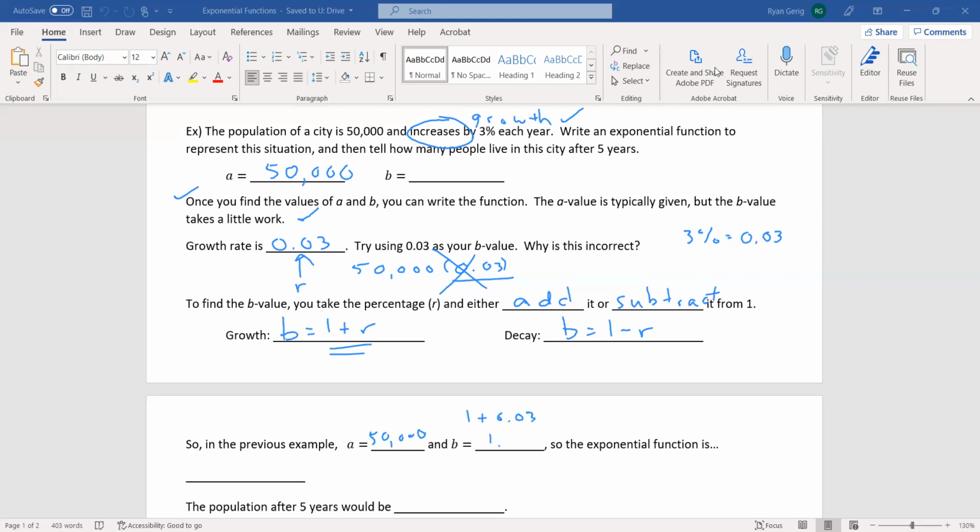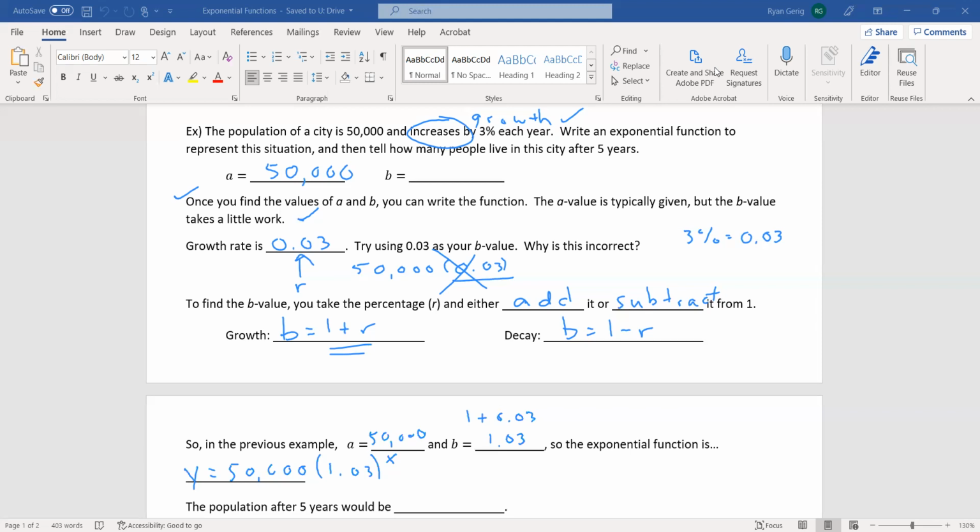So that's going to be 1.03. With those two things, I now have enough to write the function. So it's y equals 50,000 times 1.03 to the x exponent.